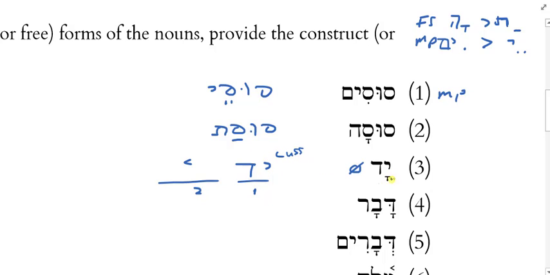Can I leave the long A here? Nope. It has to become what? Short, right? The Kuss rule says closed unaccented syllables require a short vowel. This is going to be closed because the stress is over here. It's unaccented. It's got to be a short A. The long A has to become a pathak. Okay? So, Yad Moshe. Yad Adonai.